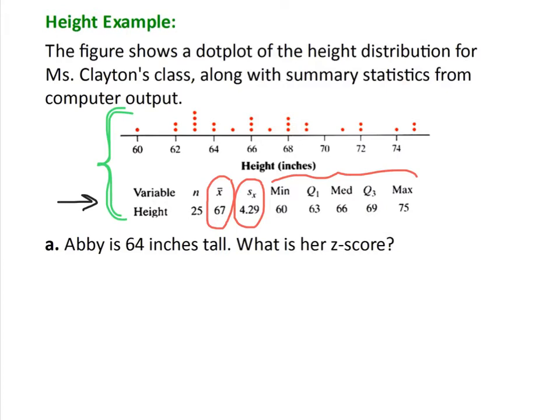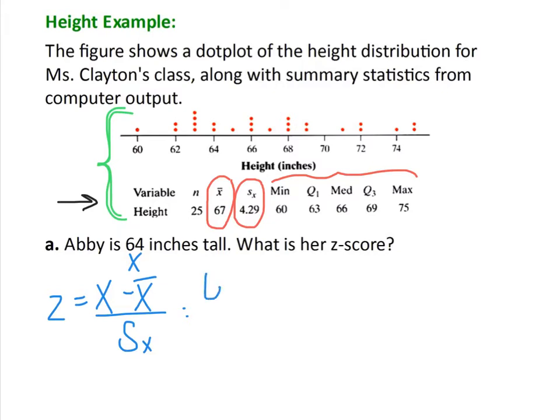So how we've used a table like this before is part A says Abby is 64 inches tall. What is her z-score? Well, we always annotate our problems, so 64 is my x. Sorry, that looks like x bar. Let me rewrite that. 64 is my x, so z equals x minus the mean divided by the standard deviation.